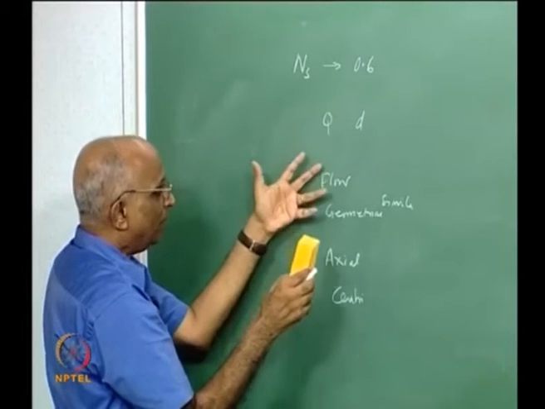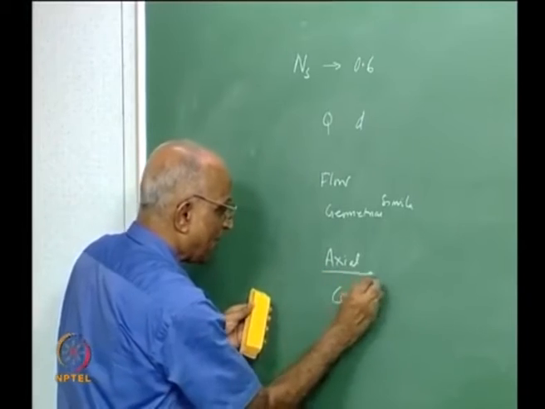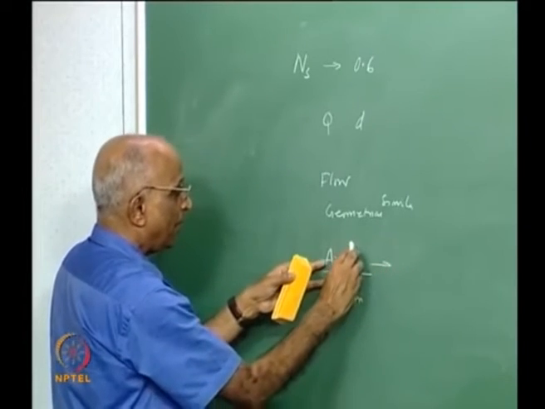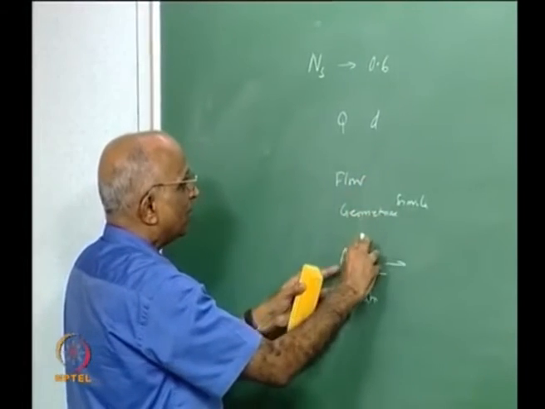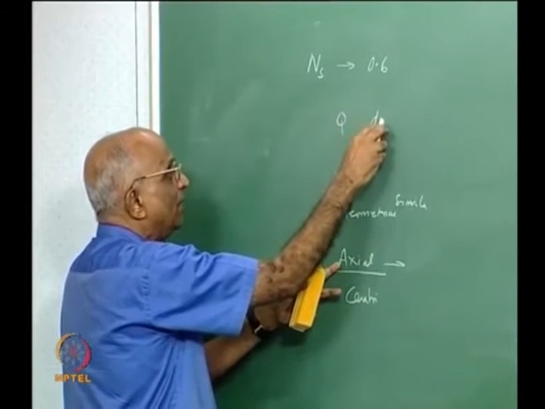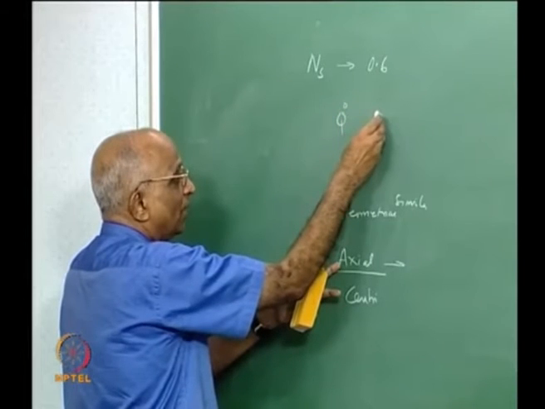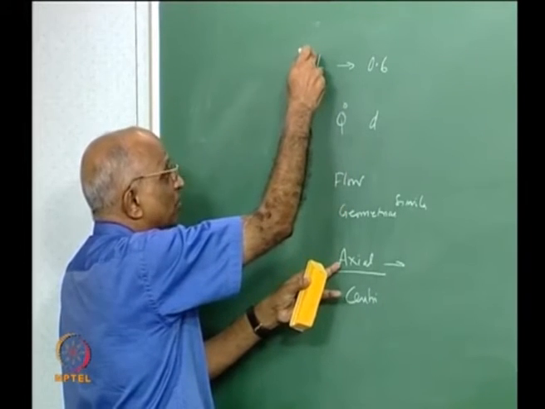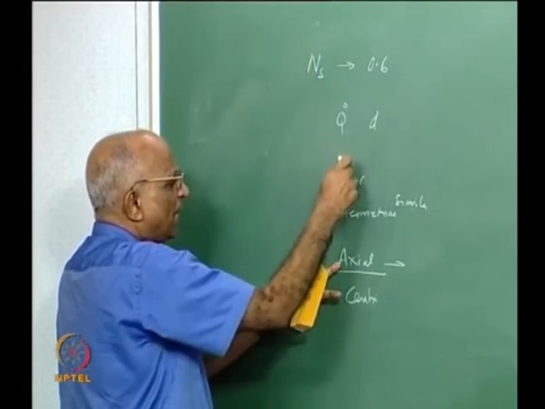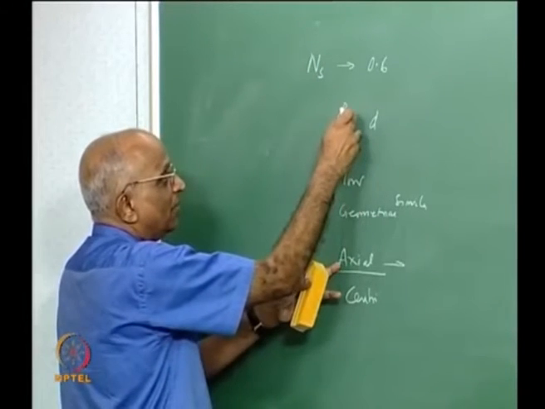It shows that within one category, let us say an axial pump, if the size is varied, automatically Q dot and D will get varied and speed will vary, but if the specific speed is the same, the flow characteristics and the geometrical similarity will be there.